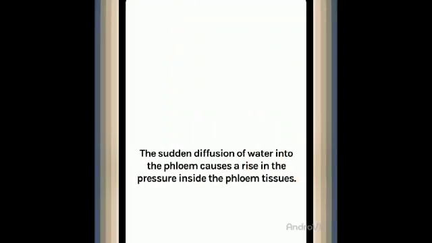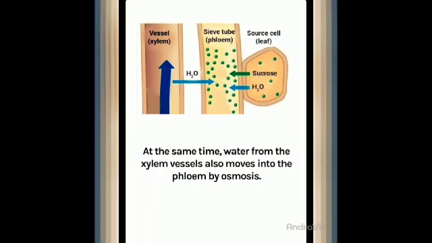The sudden diffusion of water into the phloem causes a rise in the pressure inside the phloem tissues, right? Because one part, from the source cell, water molecules are coming into the sieve tube by the process of osmosis. Second, from the xylem vessels also water molecules come inside the sieve tube. So here the pressure is too much.